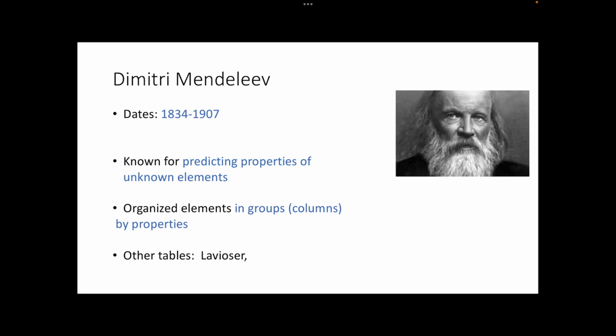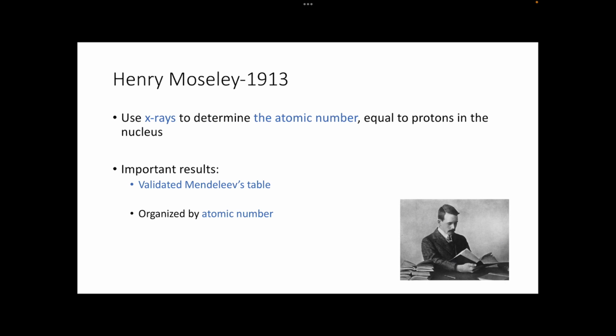Lavoisier was another chemist who helped out during this time. In 1913, another person came along, Henry Moseley. Henry Moseley used X-rays. He would X-ray samples of elements, and he noticed that there was a number associated with each element, and that was the first time that somebody was able to prove the atomic number. If you guys remember, the atomic number is the same as the number of protons, right?